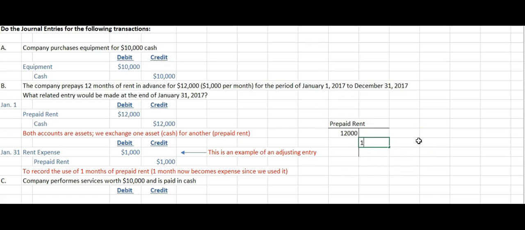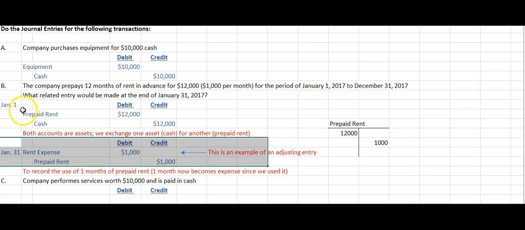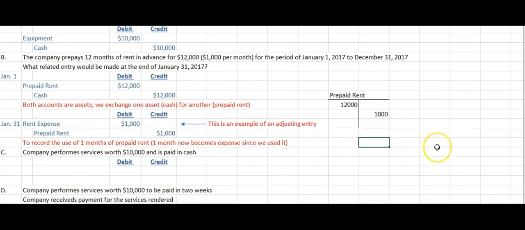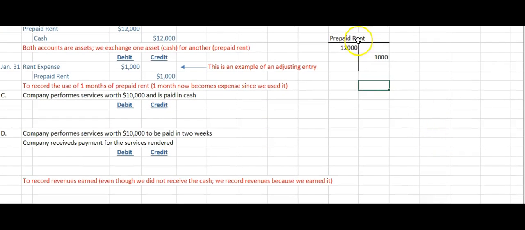And then you're going to bring it down by 1,000. So the net value of prepaid rent at the end of January 31 is going to be 11,000, right? 12 minus 1. Okay, and this is what's known as an adjusting entry, right? Because you're adjusting your prepaid rent balance. Let's take a look at another account.